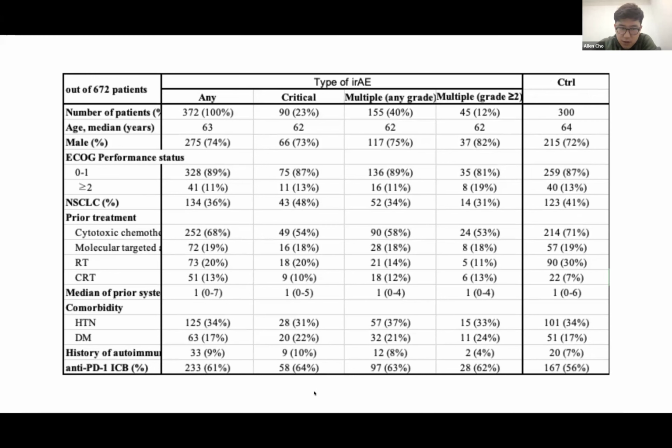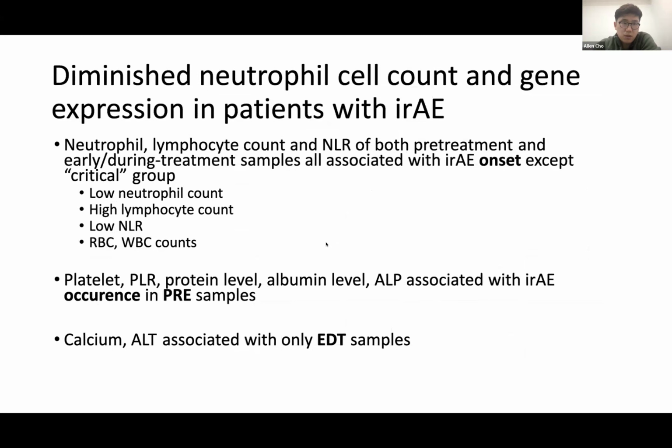And personally, I don't think there was anything that significant that stood out within this group. They did again focus on the non-small cell lung cancer. What they found, as I previously mentioned, was that they looked at the biochemical profiles of the patients.